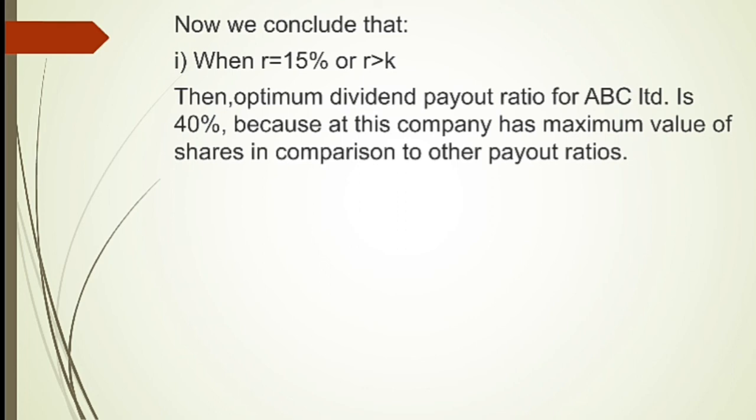So the optimum dividend payout ratio in the first condition is 40% because at a 40% payout ratio the company has the maximum value of share, that is rupees 133.33 per share. So the first conclusion must be clear in your mind.